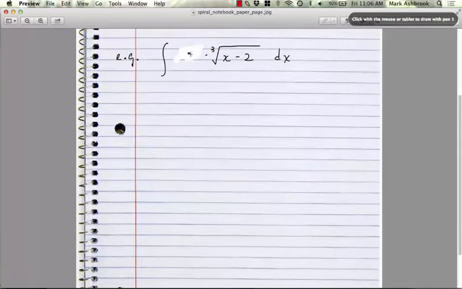Just x. So x times the cube root of x minus 2. Yeah. It's 11:15, we're going to move on here. So we have 1 minute.